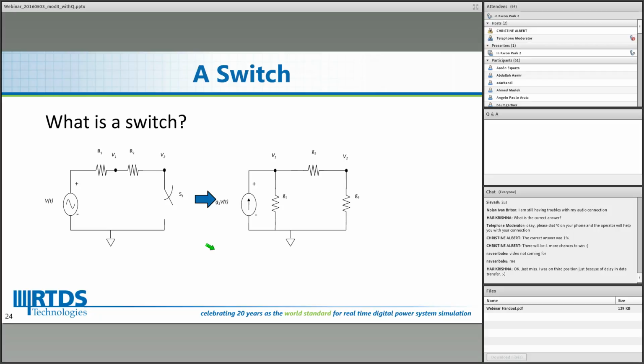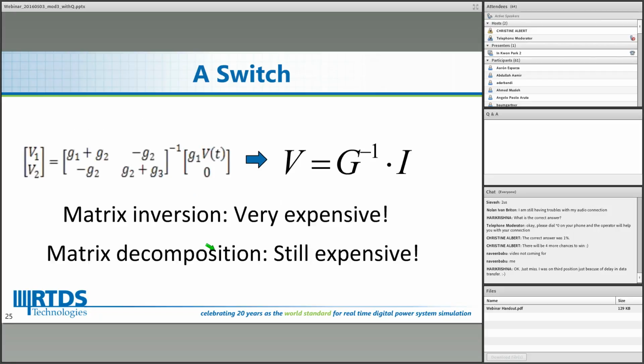Of course, the on-state can be represented by a small amount of resistance or a small amount of inductance, the impedance. Then the off-state can be represented by a very high resistor or a high amount of impedance. So very simply speaking, the switch has two states.